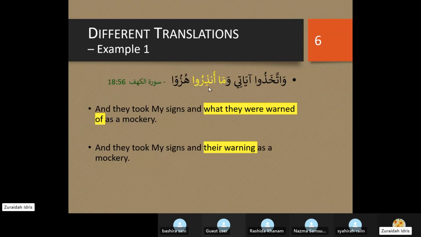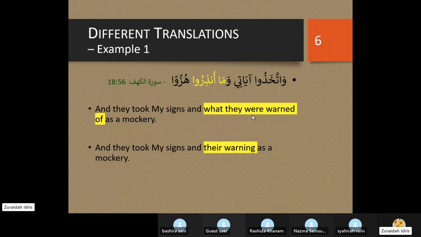is from which family? Oh, yes, family 4, correct. It's family 4, but it is passive. Maybe that's why you were saying maybe not. But it is from family 4, in the passive form. That's why it's what they were warned of. That's why we are writing it this way.